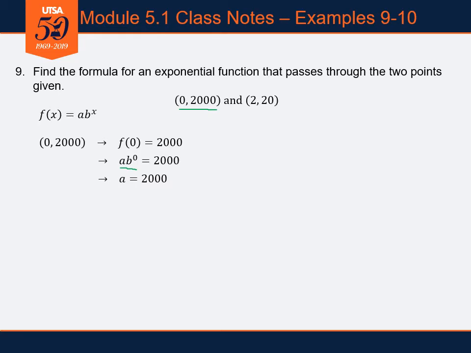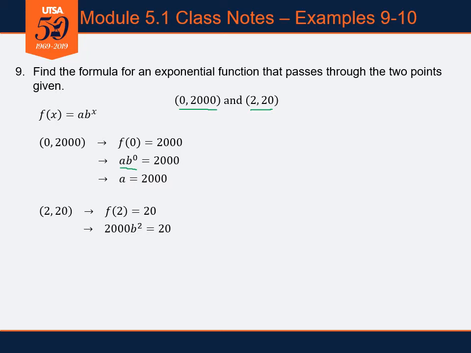Now that I know a is 2000, I can come back to my other point that I'm given, (2, 20). That says when x is 2, the output is 20. So f of 2 gives me an output of 20. What does f of 2 look like? That looks like plugging 2 in for x in my function.